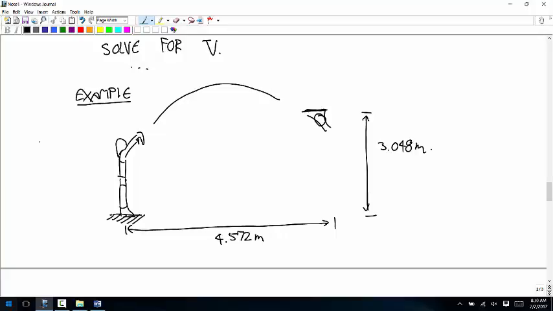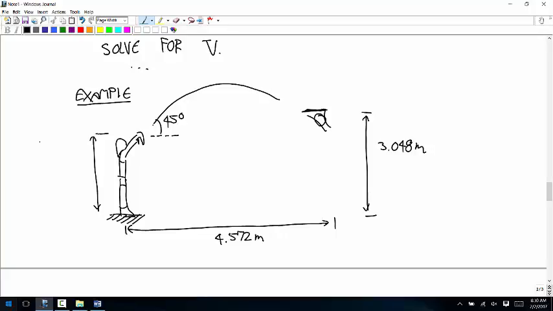Yeah, that's true. And let's say that we know that the ball is released at an angle of 45 degrees, and it's released from a height of 1.5 meters.